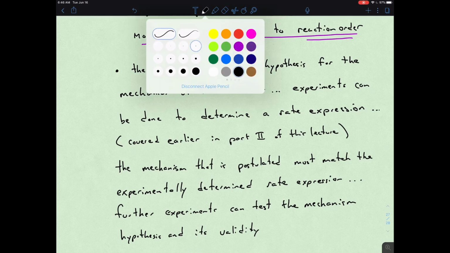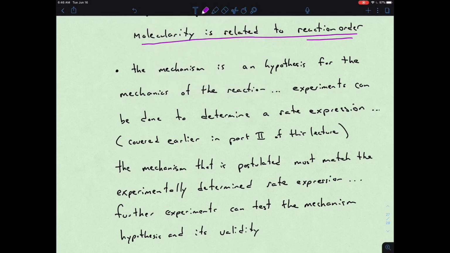So, those are the important features, right? It's a hypothesis. This is something that a chemist would envision of how the mechanics of the reaction actually work. Realize that when you're doing the experiments to determine the rate expression, the mechanism that we postulate has to match the actual experiment, because that's the real rate expression.